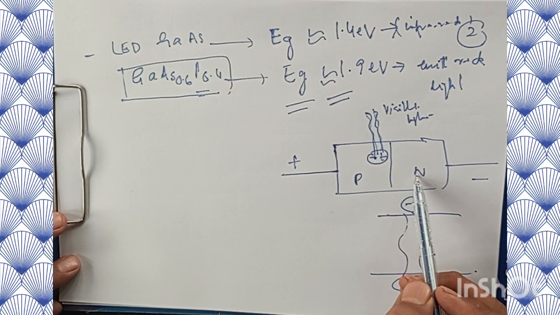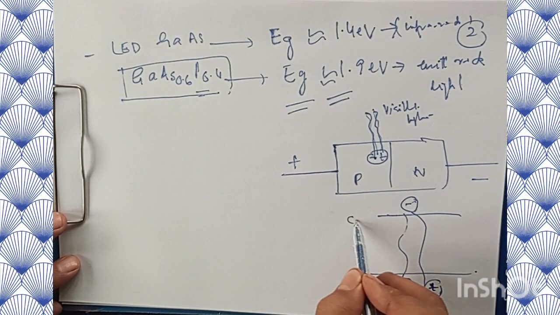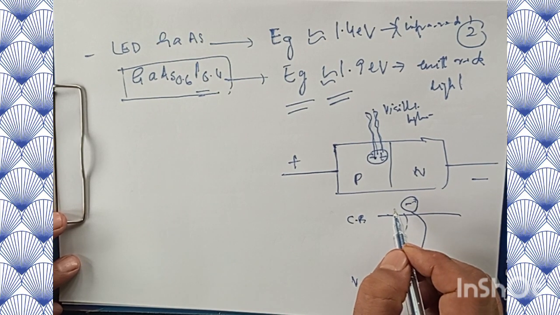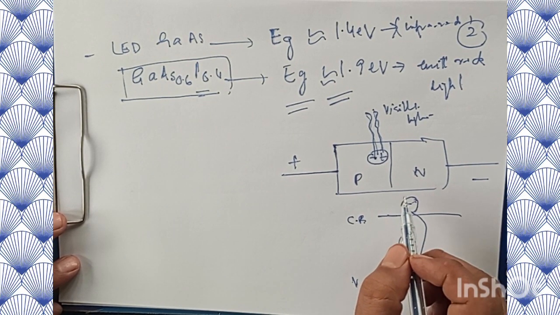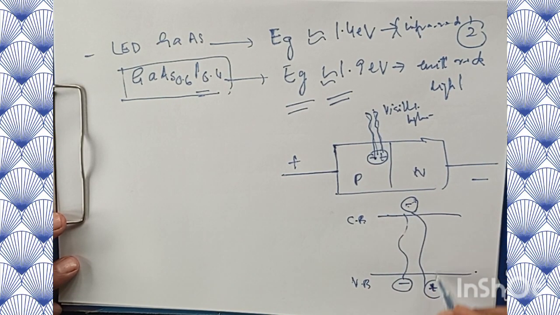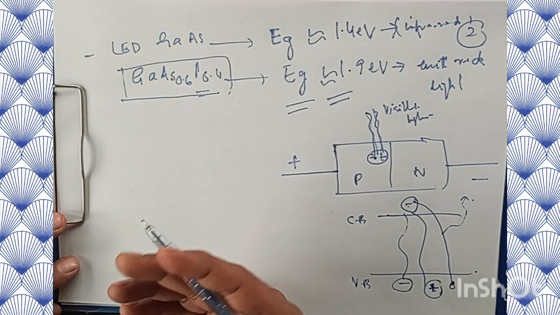So hence energy is released in this process. Once these electrons jump from the valence band to the conduction band, you have the release of energy, and this energy is released in the process of recombination. When this electron comes back to the valence band, it will emit the radiation, so that radiation comes out.